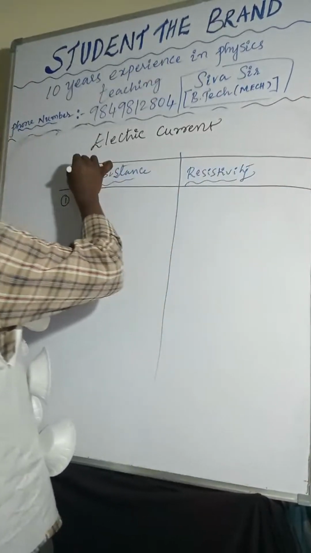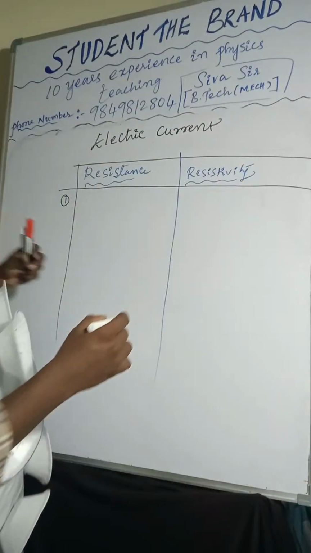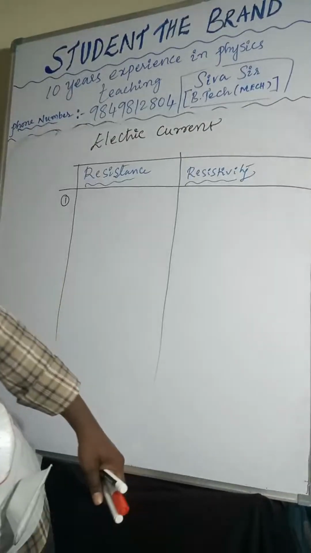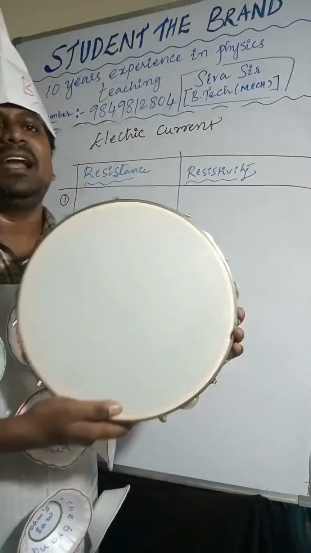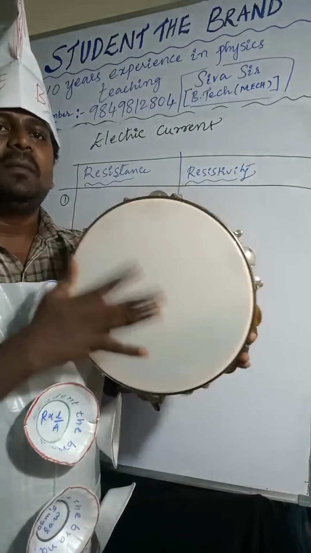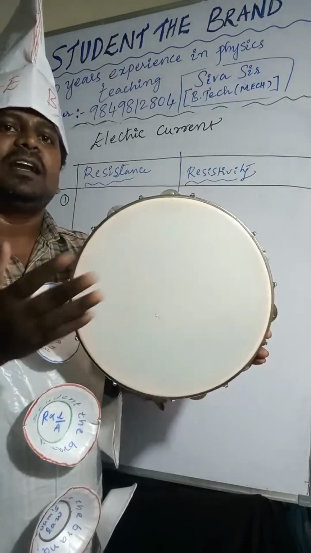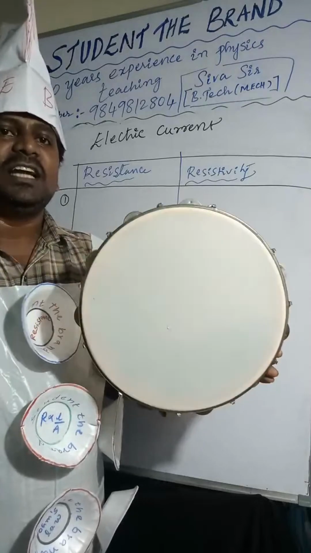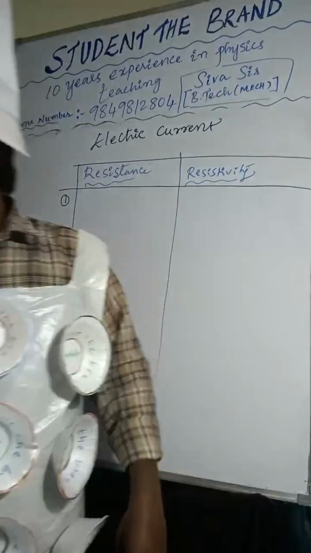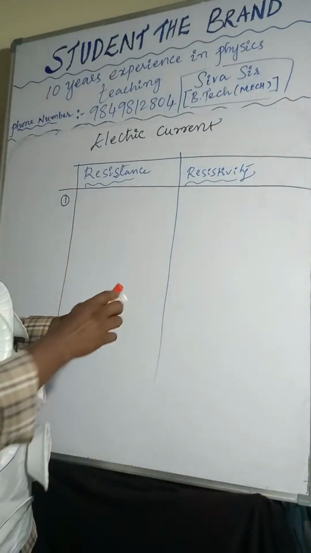Very. Now I am going to discuss about very important topic, very essential topic, very crucial topic. Come on, everybody, be ready for the class. Come on, very important class, important chapter, important question. Very important. Come on, join to the class. Come on, join to the class, everybody.